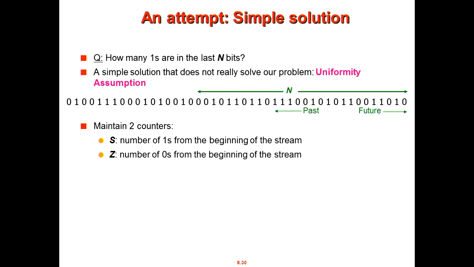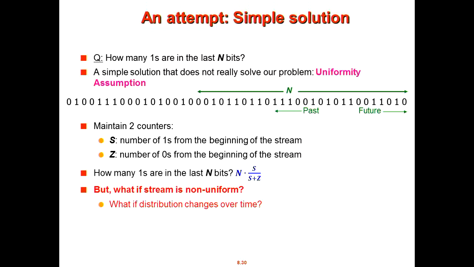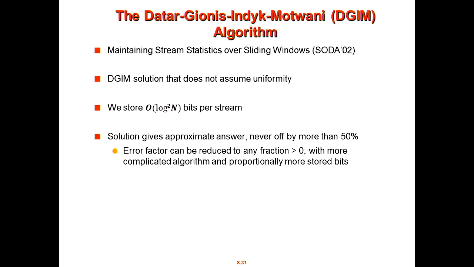One very naive solution is to assume a uniform distribution, and based on the historical distribution, we estimate the number of ones. But normally the distribution is not uniform, so we need to find another way. This is the DGIM algorithm. Its advantages are that it has a small space cost, it has a performance bound, and it does not assume uniformity.